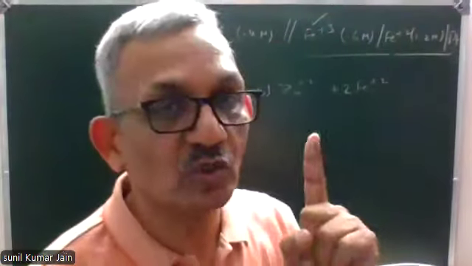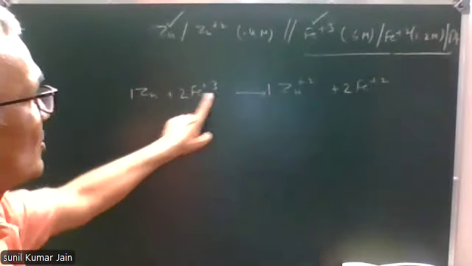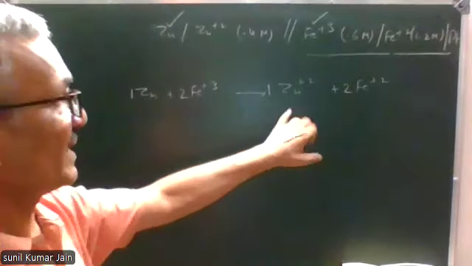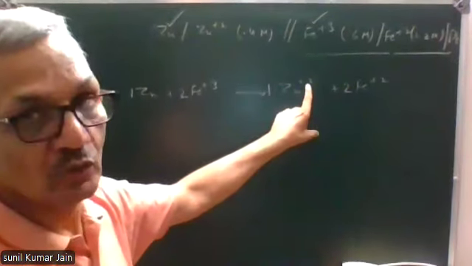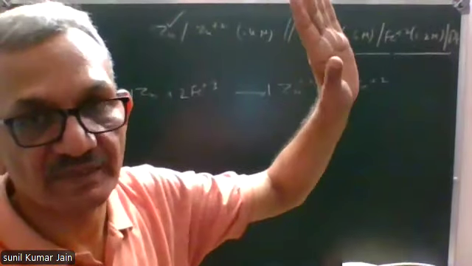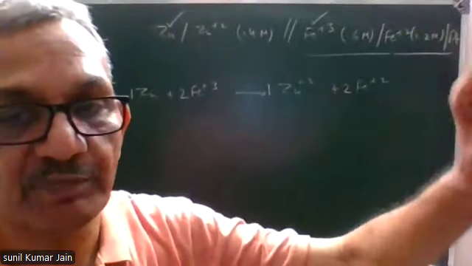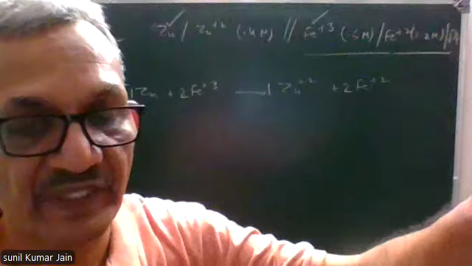Very important part is total charge. On the left hand side, total charge is 3 twos are 6. On the right hand side, charge is 2 plus 4, 6. Equation is balanced. Now we have this equation in the form aA plus bB gives cC plus dD.